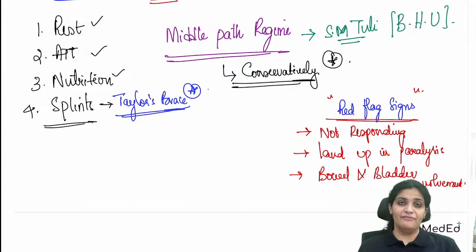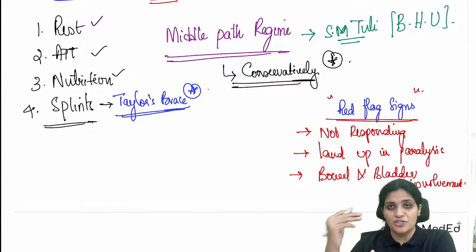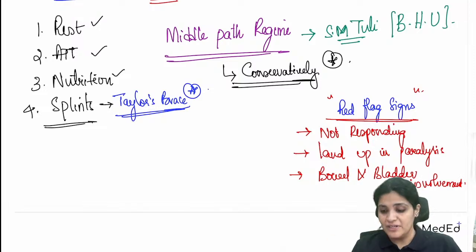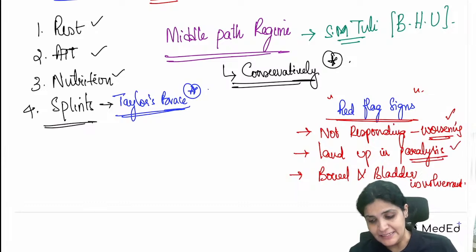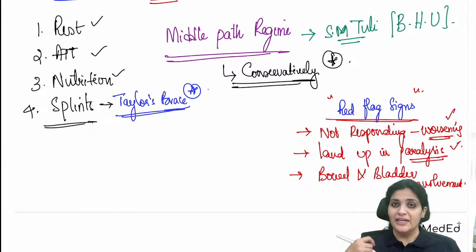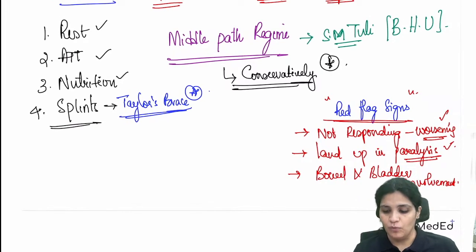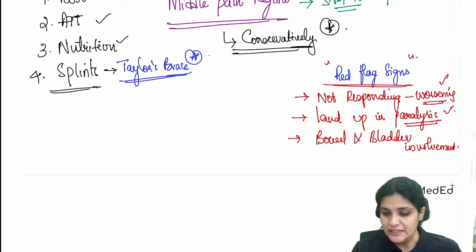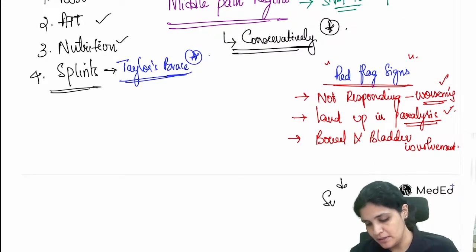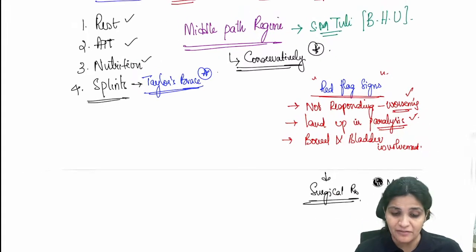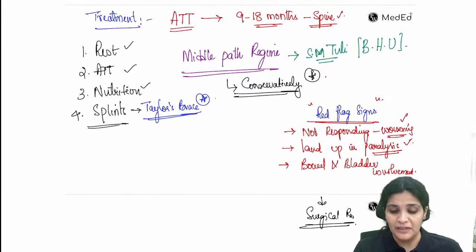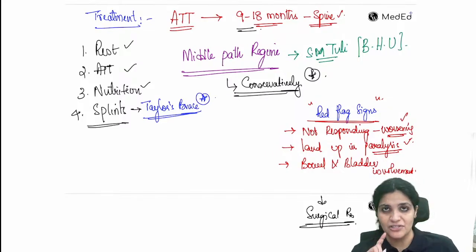These are some of the red flag signs which you have to remember. If the patient is not responding properly, or is even worsening, or has developed paralysis, or if there is immediate bowel and bladder involvement, then you go for surgical treatment. Otherwise you treat all the patients conservatively, but remember the ATT should be given for 9, 18 months.